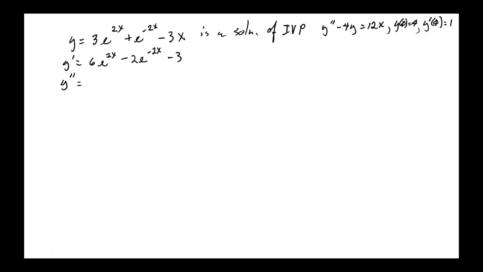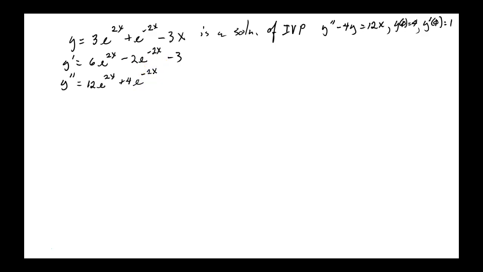Okay. All right, we need to do y double prime too, because we have a y double prime over there. So what do you have for that? 12 e to the 2x plus 4 e to the minus 2x, right?